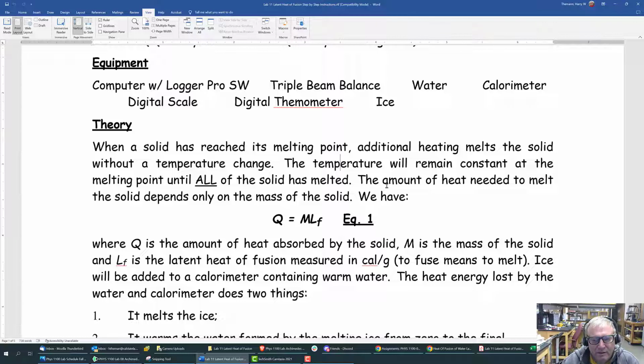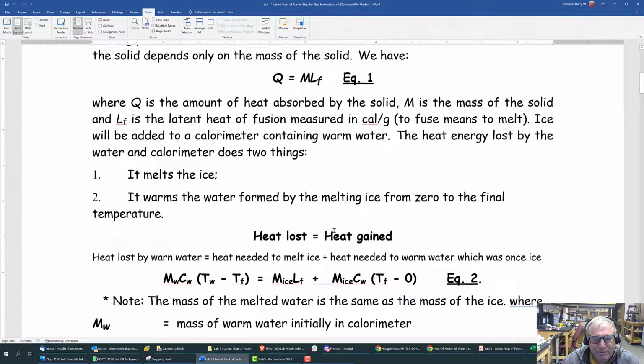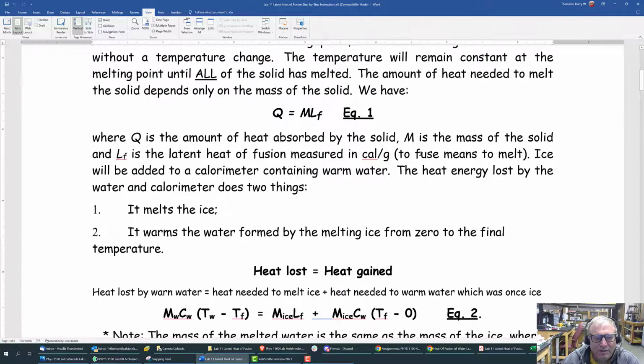And what happens is that the temperature doesn't change, so we have to figure out a way to do this. If we toss a hunk of ice into some water, it'll change the temperature of the water, but it'll never be able to bring it down to 0.